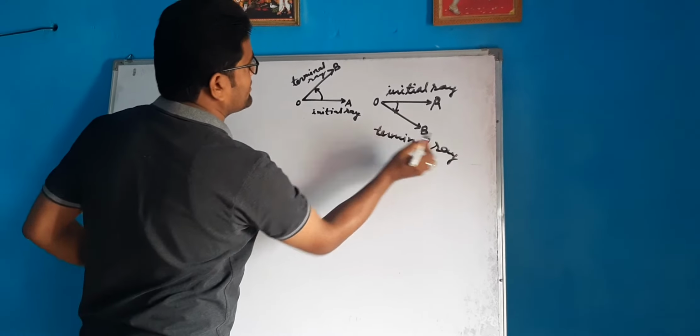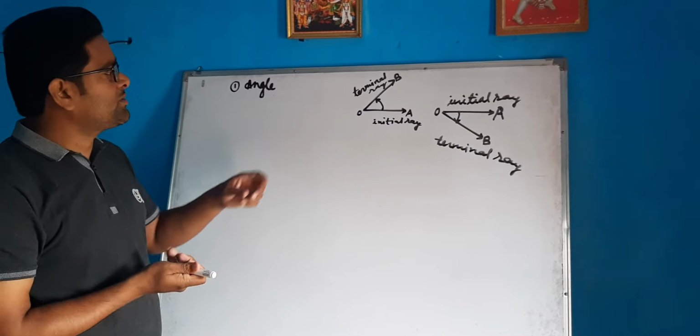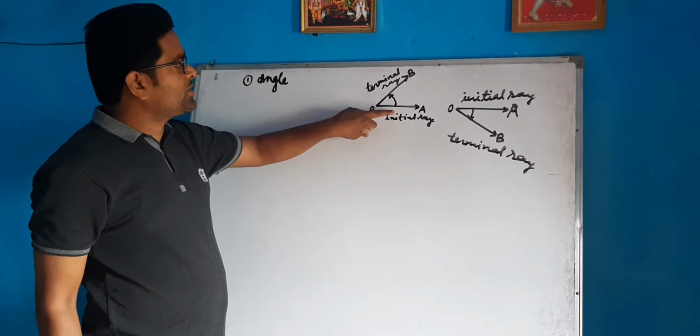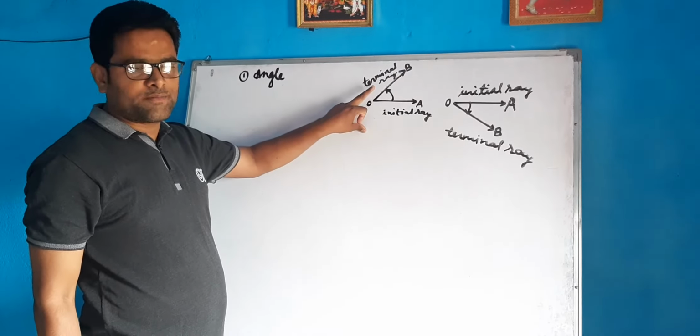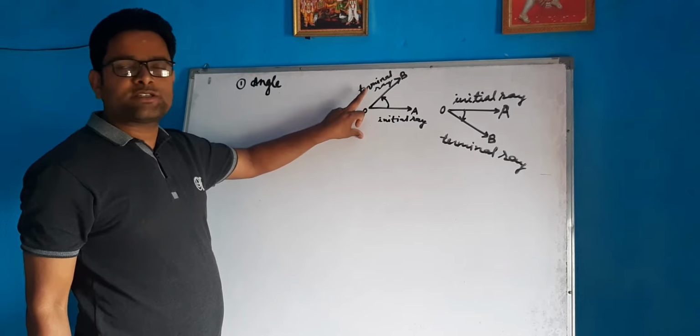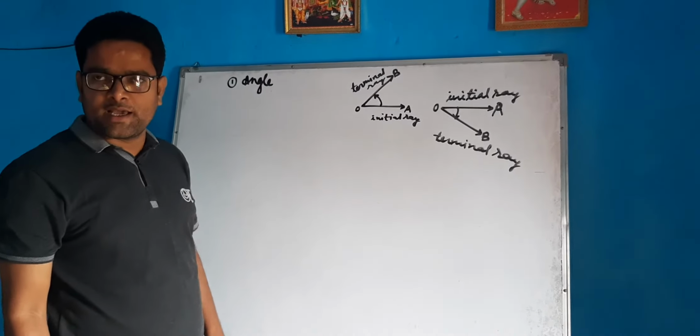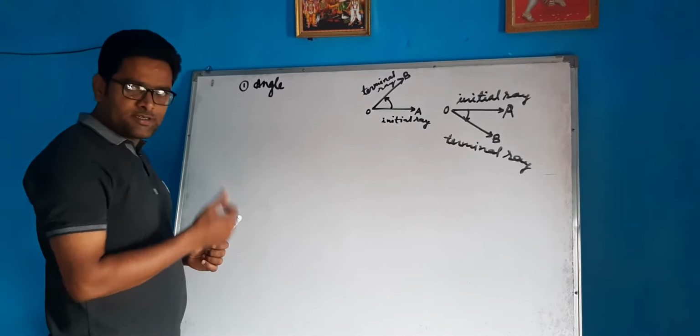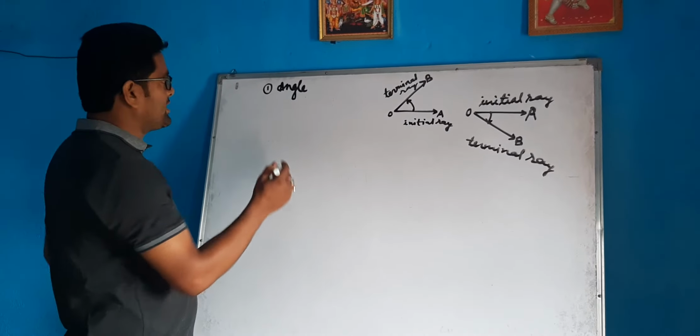So the measure of rotation between the initial and terminal ray at a particular instant of time is known as an angle.